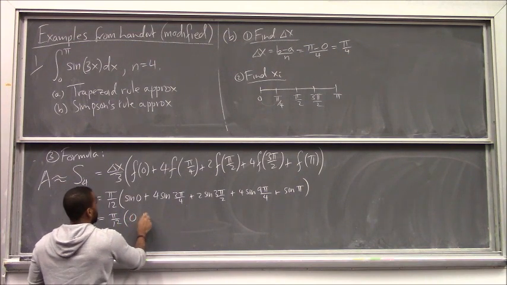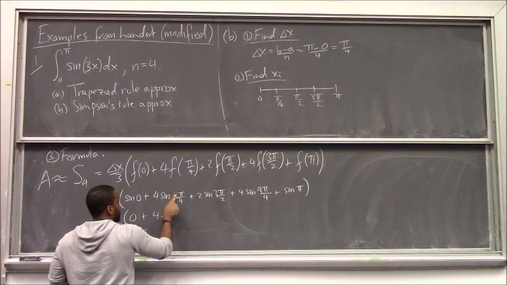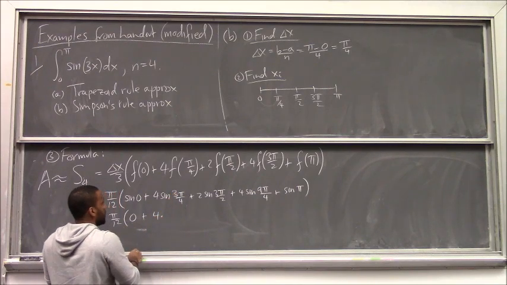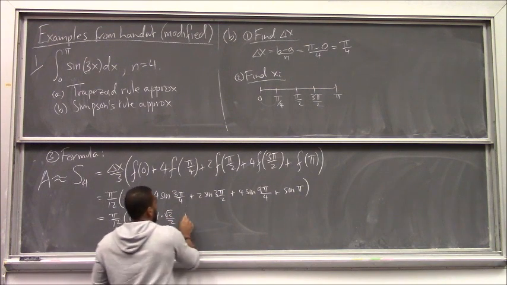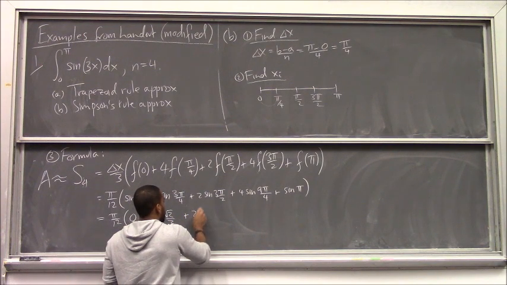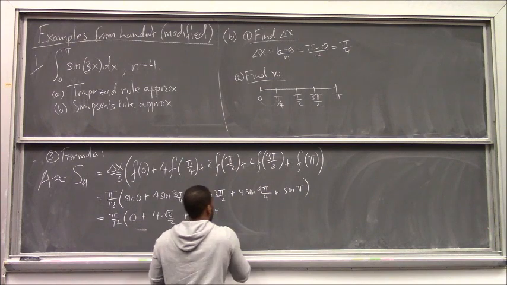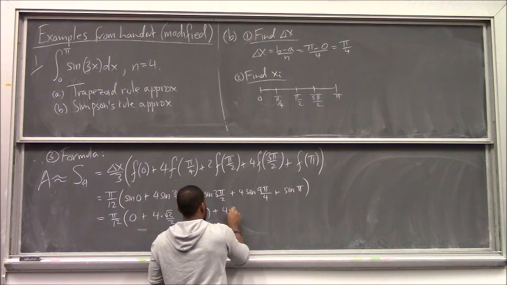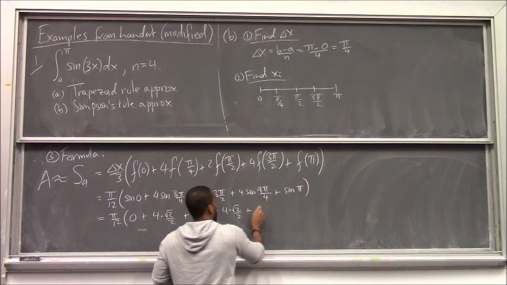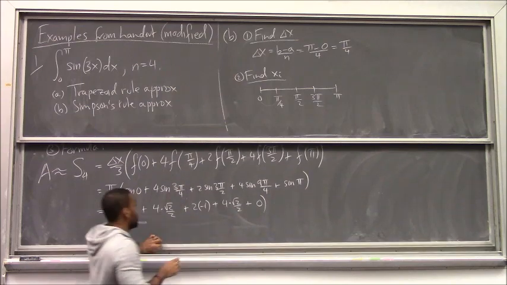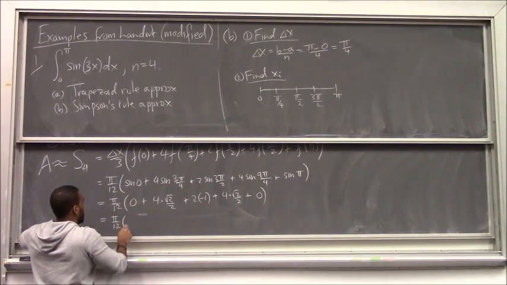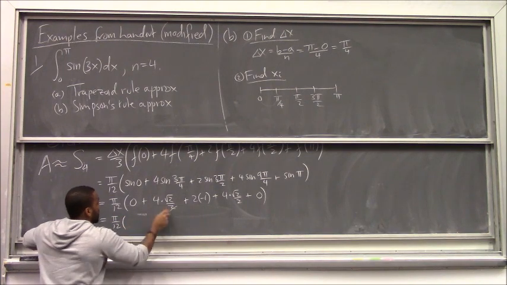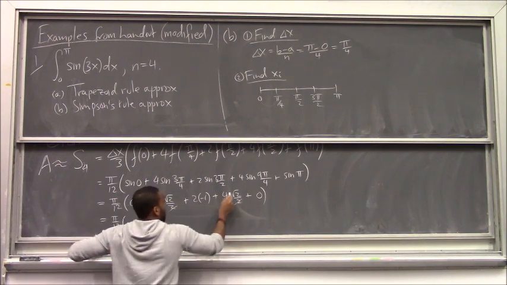So sine of 0 is 0. Sine of 3 pi over 4 is in the second quadrant, sine is positive. At 3 pi over 2, your sine is minus 1. 9 pi over 4 is in the first quadrant, so it's positive. Sine of pi is 0. Then that cancels into that, and that cancels into that.